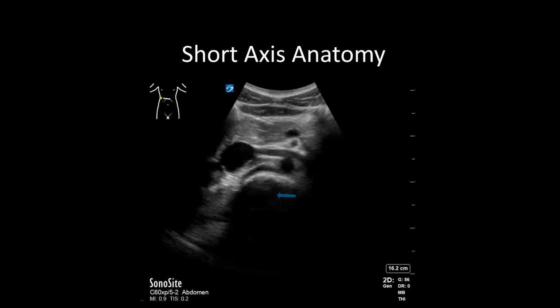The vertebral body is Old Faithful in our far field as a landmark for the aorta and the IVC. And the IVC will be towards the patient's right. What we can see here is the left renal vein traveling between the SMA and aorta and dumping into the IVC. And the splenic vein going just anterior to the SMA, and it will dump into the portal confluence.